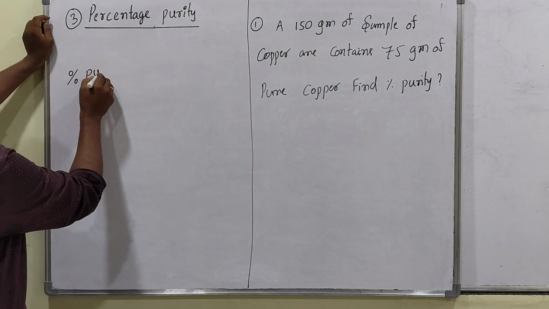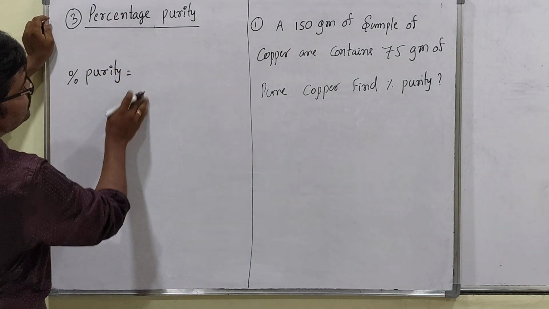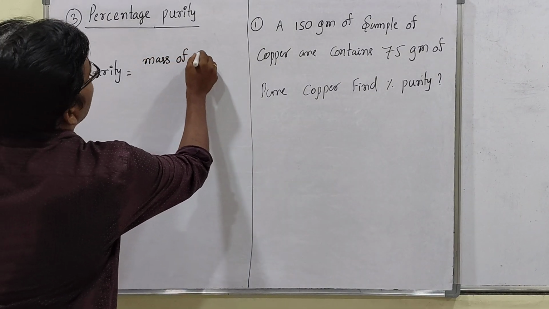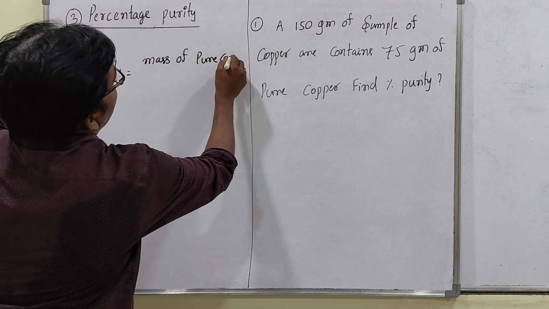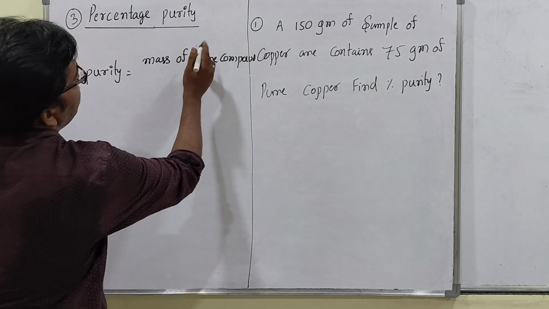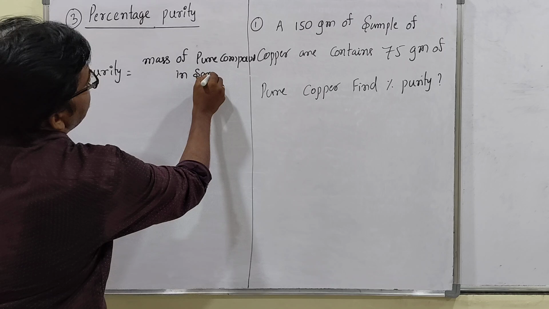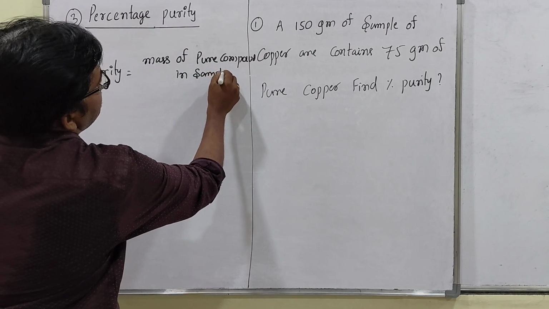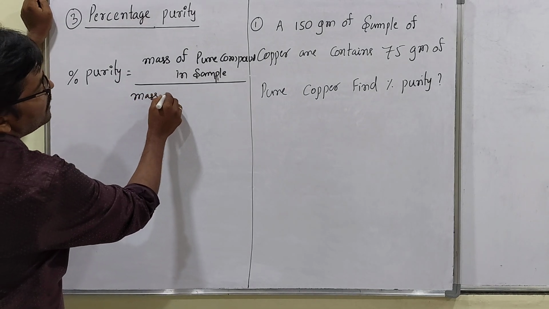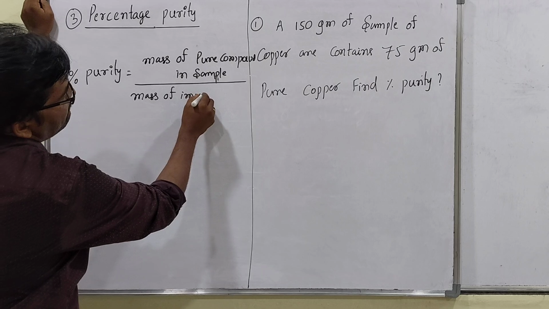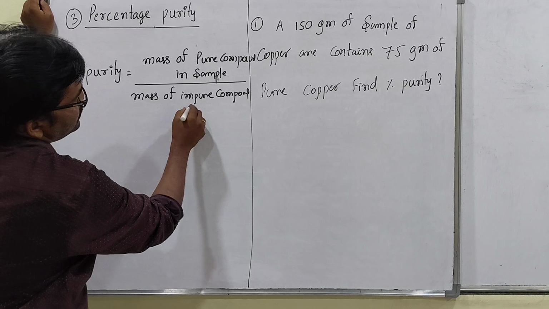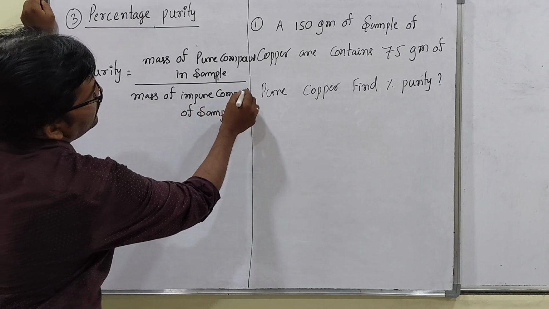Percentage of purity equals the mass of pure compound in sample divided by mass of impure compound of sample into 100.